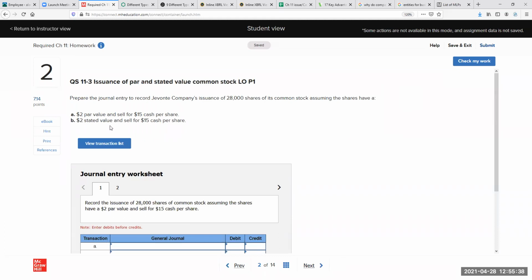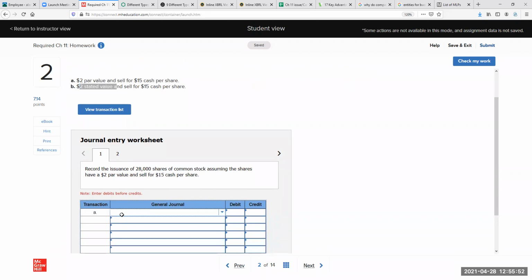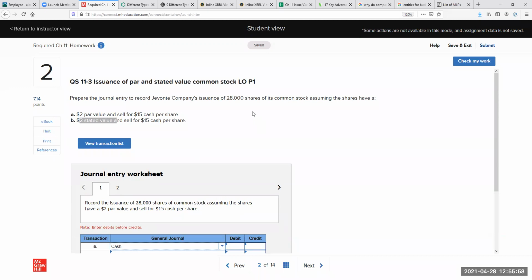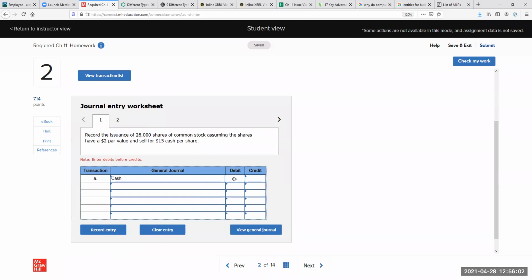Now here we have: prepare the journal entry to record Javante Company's issue of 28,000 shares, assuming the shares have, in letter A, a par value and sell for $15, and, in letter B, a stated value and sell for $15. Well, in both cases, how much cash is raised? 28,000 times 15. So in both cases, it's 420,000.